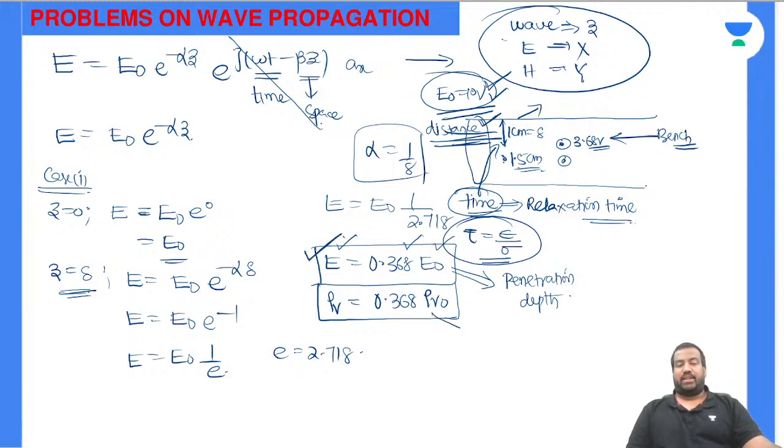Whereas relaxation time is the time taken by the charge to decrease to 36.8% of its initial value. This is delta, this is tau.